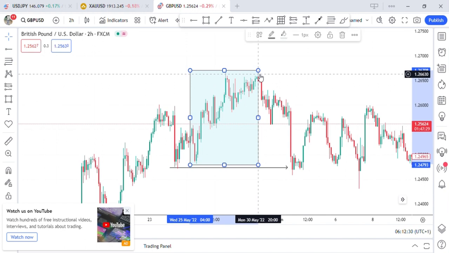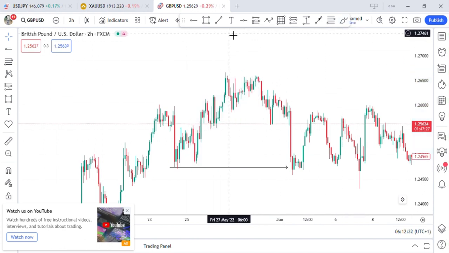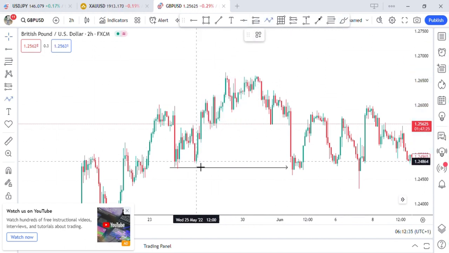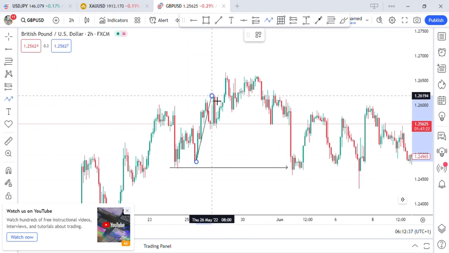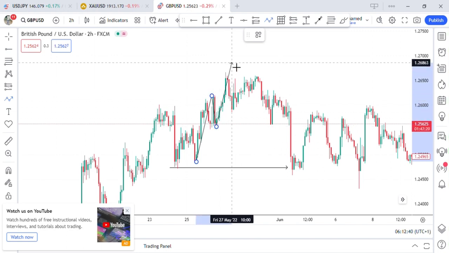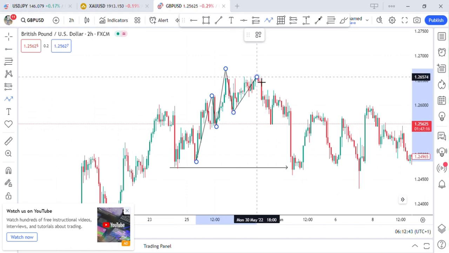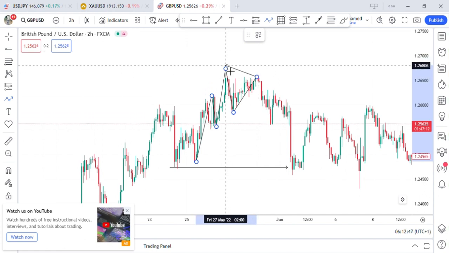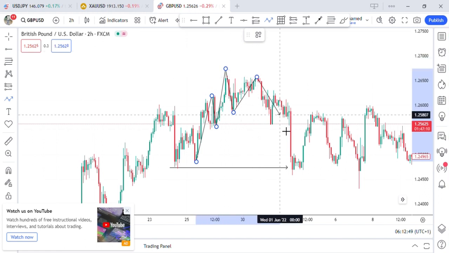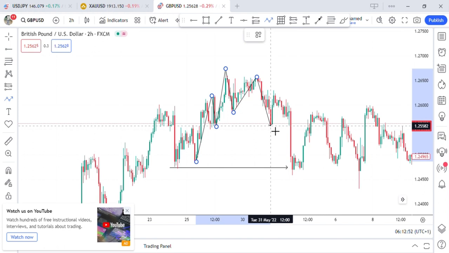You can see we have a bullish trend also: higher high, then higher low, higher high, then higher low. We call this one a failure swing. Price refused to break this level. But what happened there? It broke it here. So we have another break of structure here.